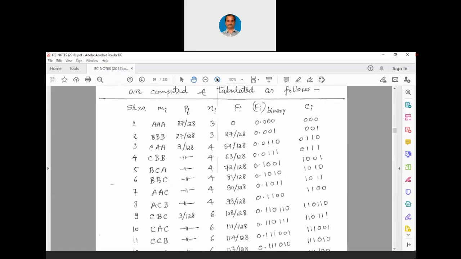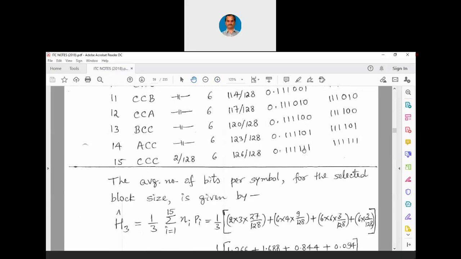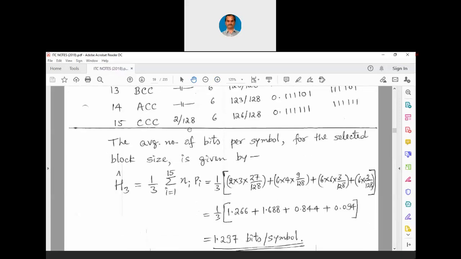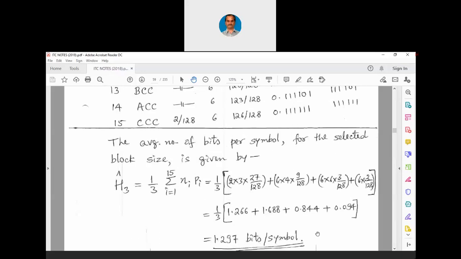Now, let me enlarge it further. Let us compute H3 cap now for the same exercise. H3 cap is 1.297 bits per symbol. This indicates that when the number of symbols in a sequence increase and when the symbols are statistically dependent, you will get bored if I keep on telling again and again, but I will keep on telling again and again so that you will remember this for the lifetime.